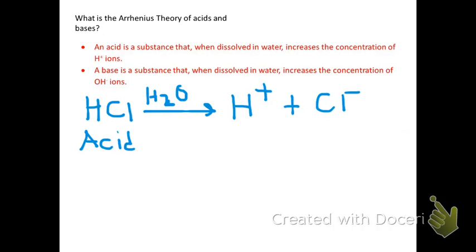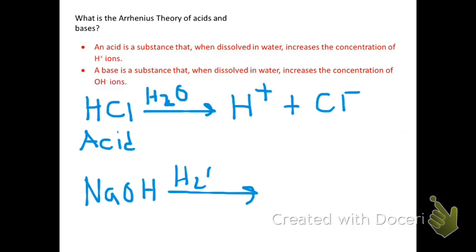So what about bases? According to Arrhenius, bases are anything that when dissolved in water will increase the concentration of OH minus ions, or hydroxide ions, such as sodium hydroxide. Take sodium hydroxide, we dissolve it in water, and we get out sodium ions, but what's important is the hydroxide ion that is made.